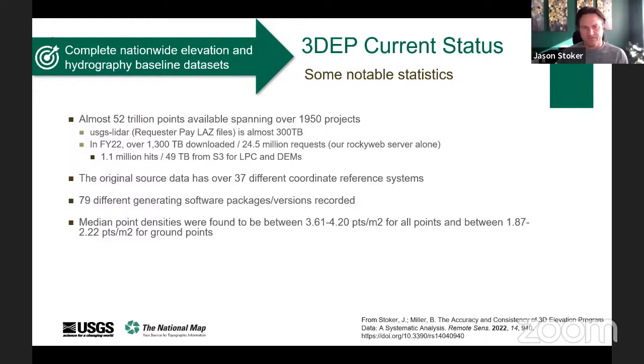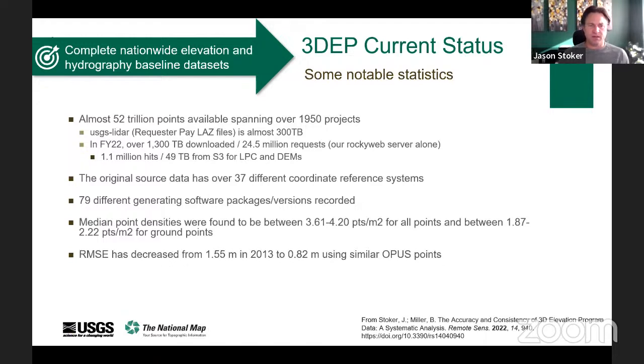So there's at least around 4 points per square meter on median per project here, and around 2 points per square meter for ground points. And even though we require the data to be collected at that QL2 level, what we found is that the contractors actually collect the data at a little bit higher resolution to make sure that they're hitting those targets.